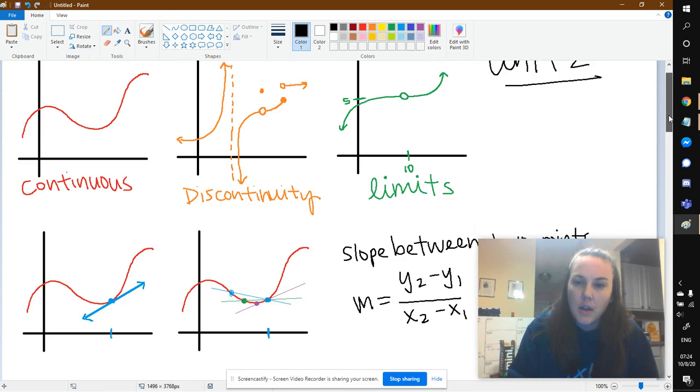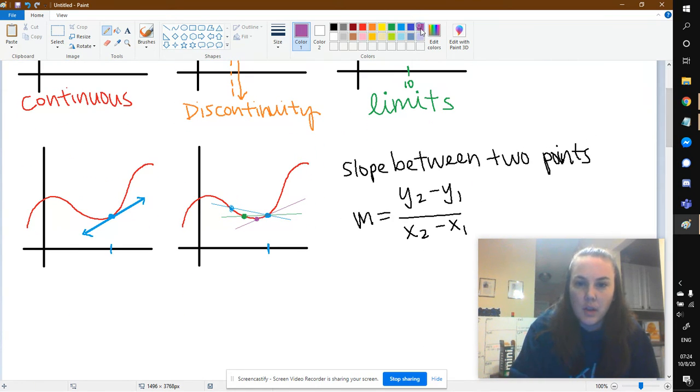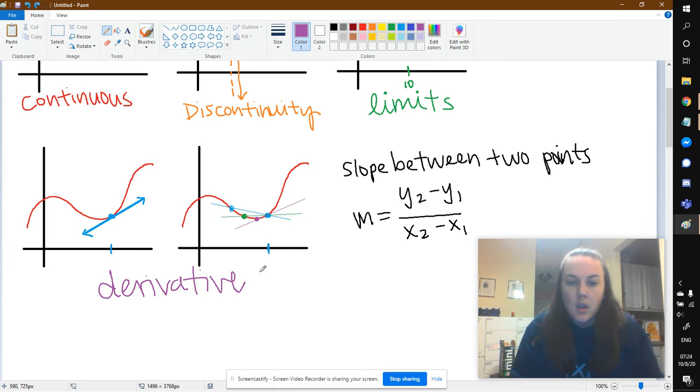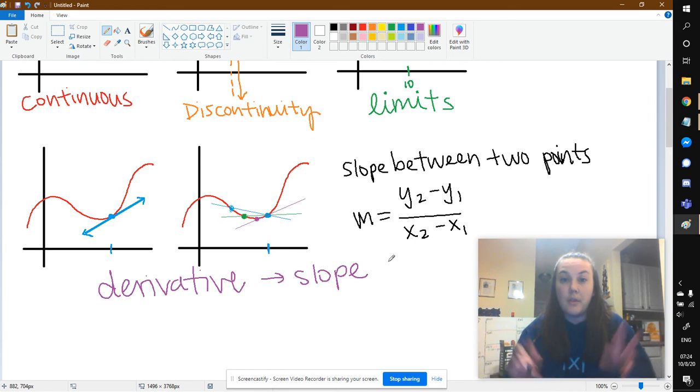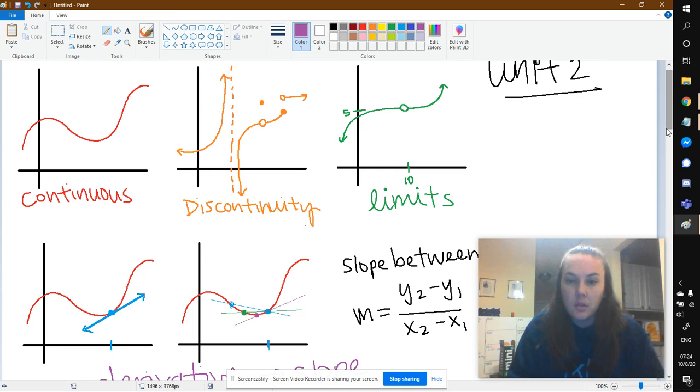And then we're also going to be talking about something called the derivative. This is the word I kept saying meant the slope. When we found the slope equation of different graphs, we use the derivative. So those are the main three things we're going to be hitting on this unit.